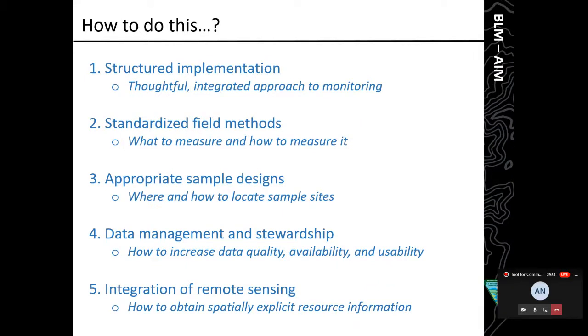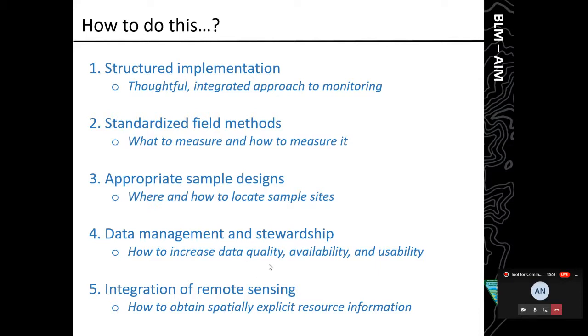When we think of AIM and the way that we accomplish this standardization, a lot of people will probably default and think about the principles of AIM. This idea that we have structured implementation, and we're trying to ensure that the study design and data being collected are tied to monitoring objectives, that we're providing guidance on what to measure and how to measure it in terms of core indicators and contingent indicators, for example, and guidance on where and how to locate our sample sites, so appropriate designs and guidance on where to drive the truck to.